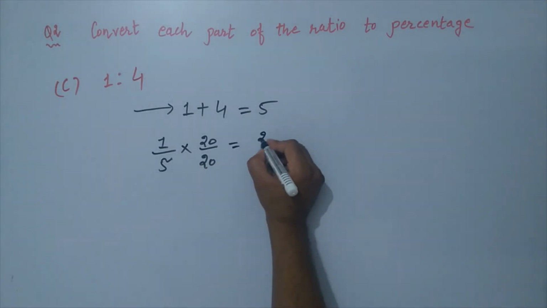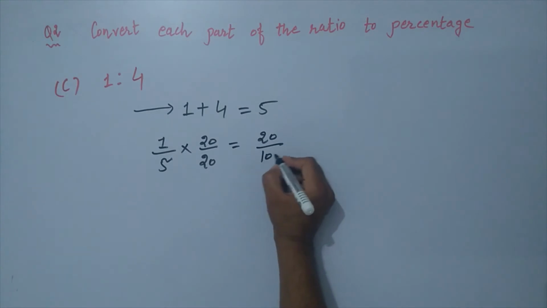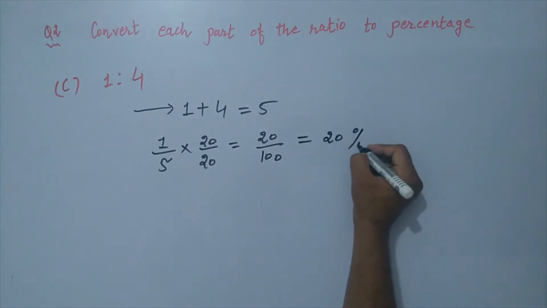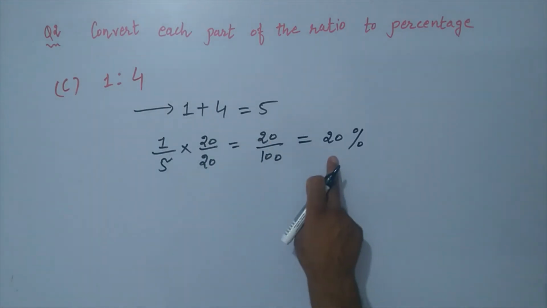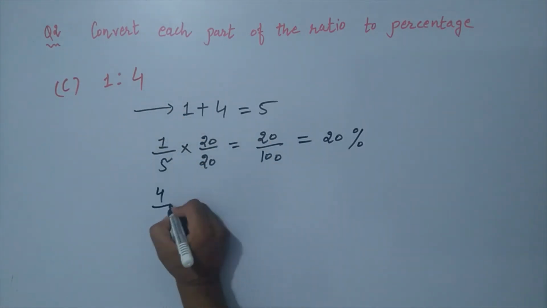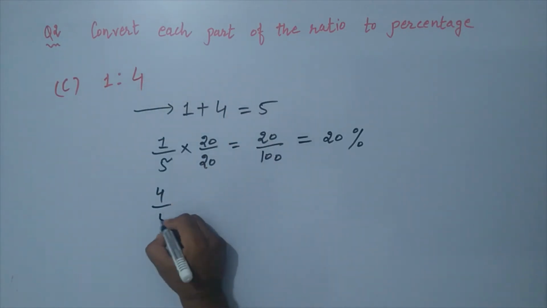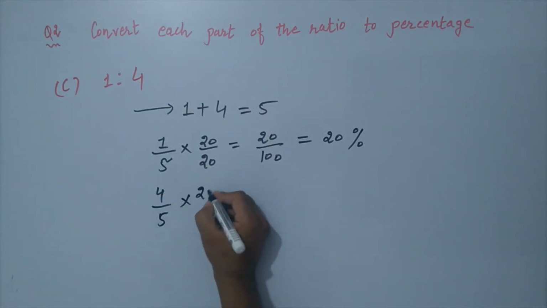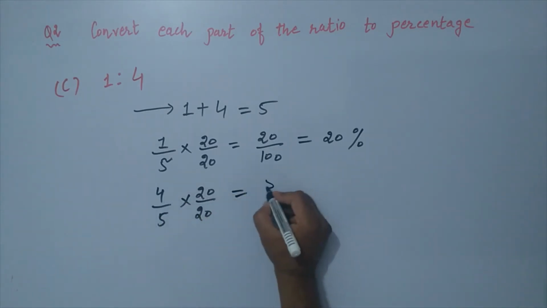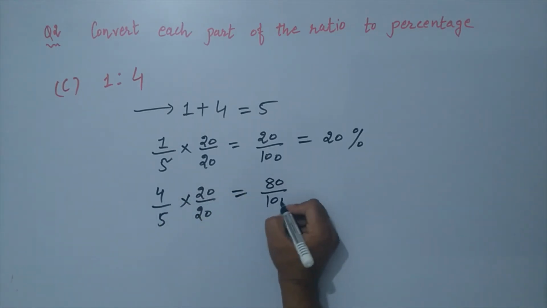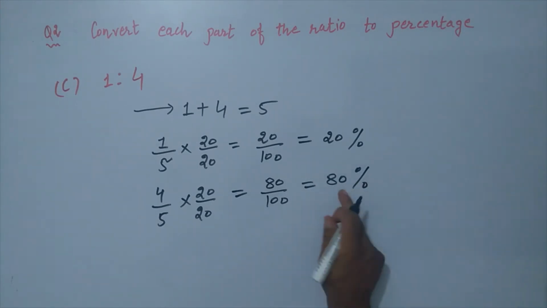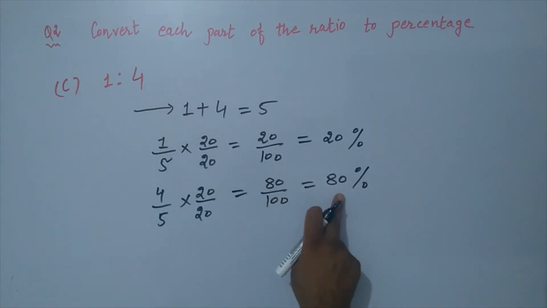This becomes 20 upon 100. So answer is 20%. So 1 means 20%. Similarly, this 4 means 4 upon 5. Again multiply with 20 upon 20. Answer is 80 upon 100. So this means 80% is the second part in percentage.